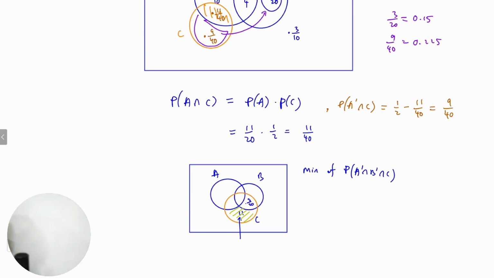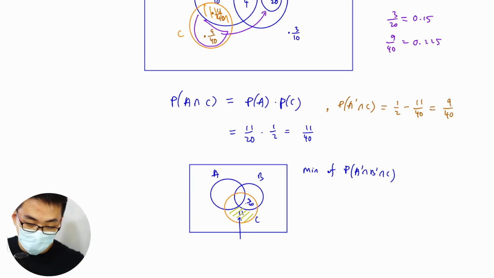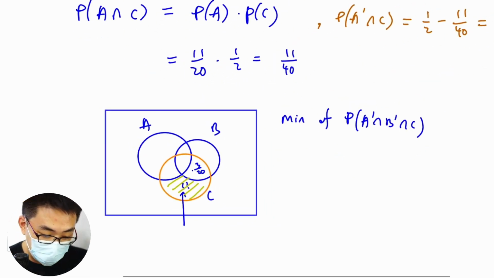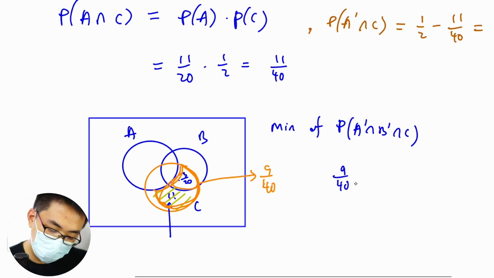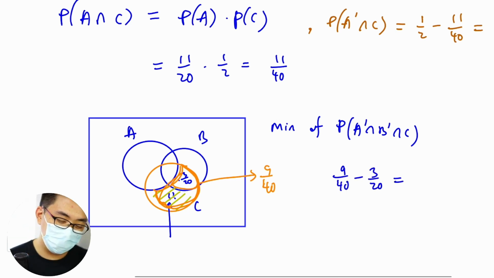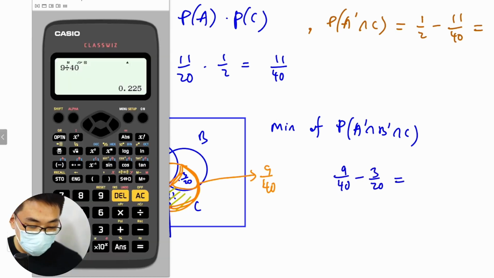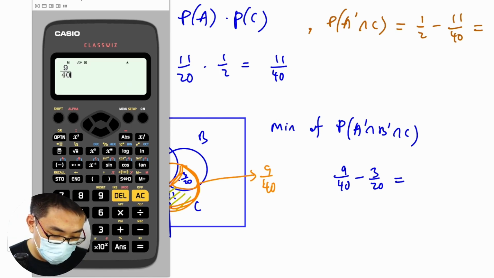When you move this inside, no matter what, this outer layer here is actually 9/40. So this half a potato here is 3/20, so this would be 9/40 minus 3/20.